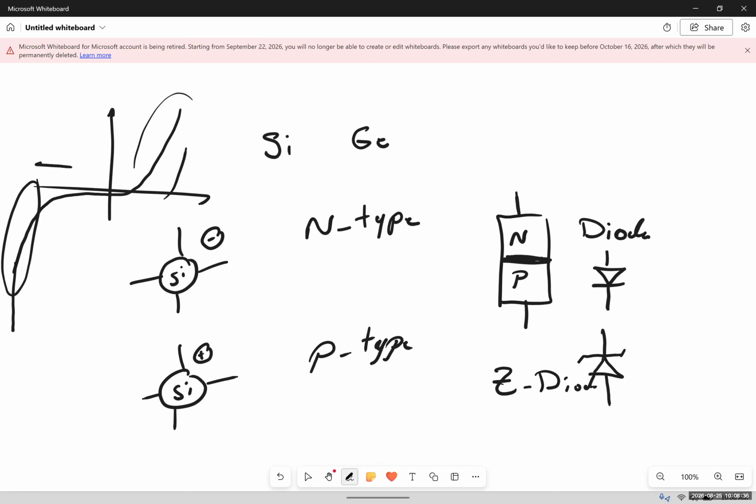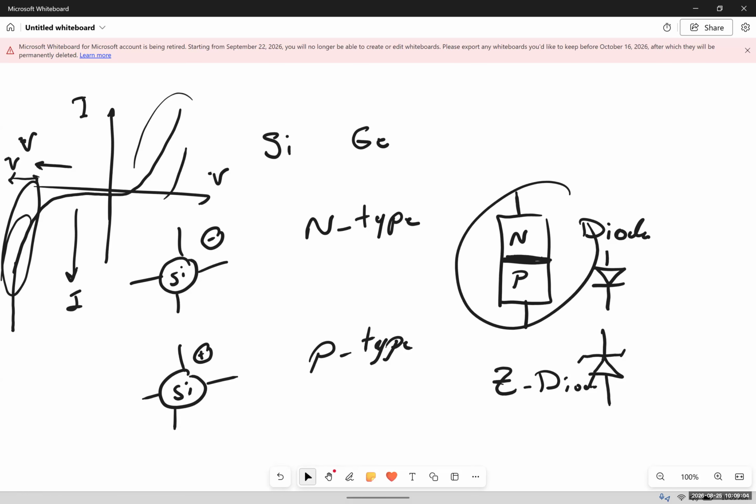So if you increase the current, by the way, this is voltage and that's the current. If you increase the current, the voltage stays relatively fixed, usually between like 5 or 6 volts. It's very good if you want to build a voltage regulator. So a Zener diode is good for a voltage regulator.